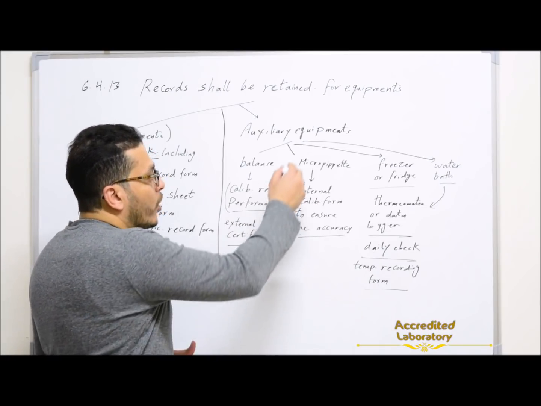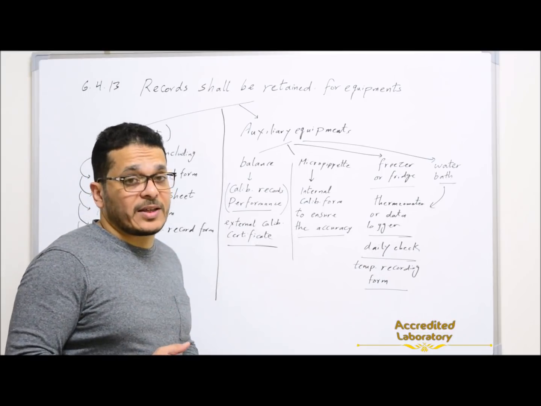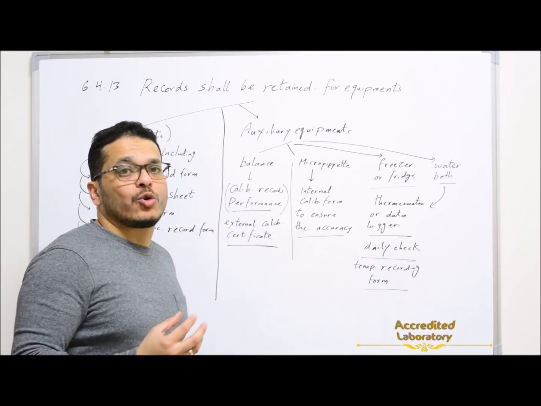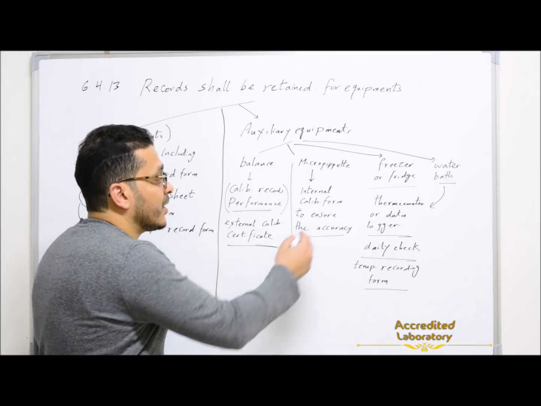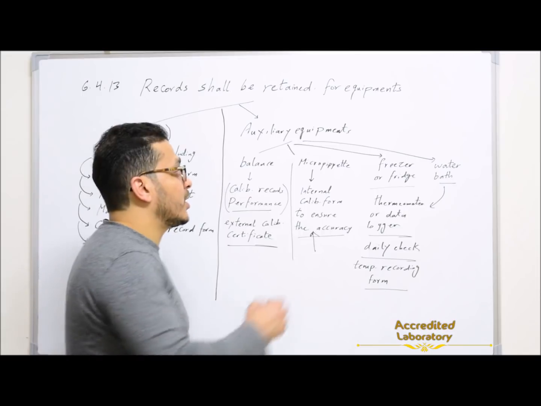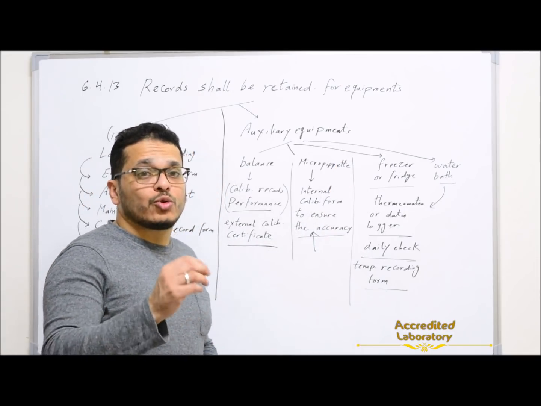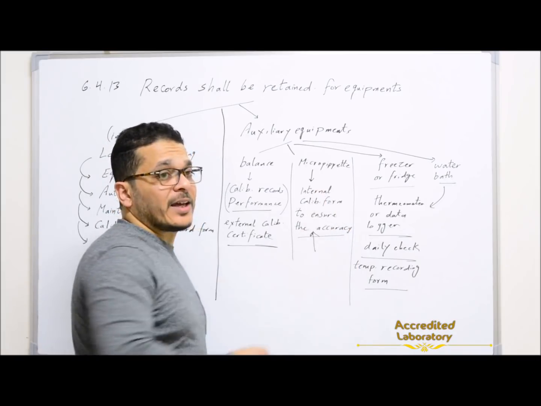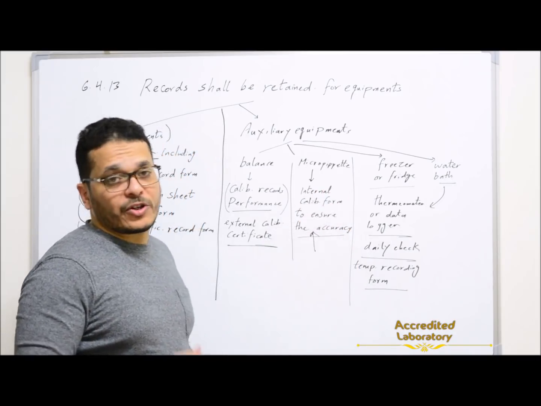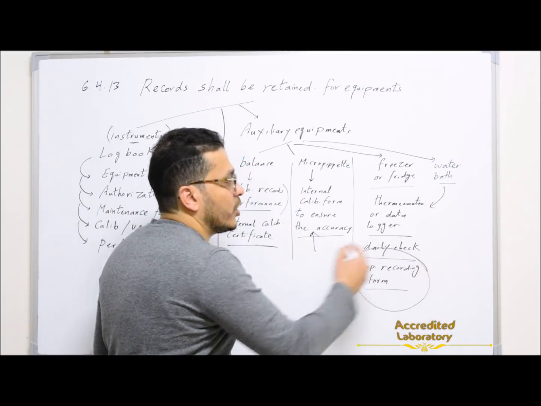And for a micropipette, as an example, you will also make internal calibration every 3 months, so you should have a record for that with acceptance criteria to ensure the accuracy of the micropipette. For a freezer or fridge, you have a thermometer or data logger to check whether the temperature of the freezer or fridge is performing well, and you will record it in a temperature recording form.